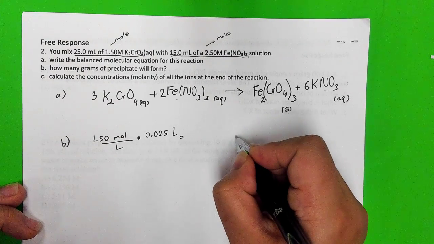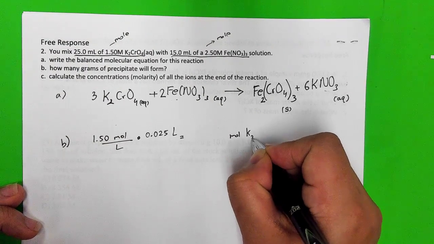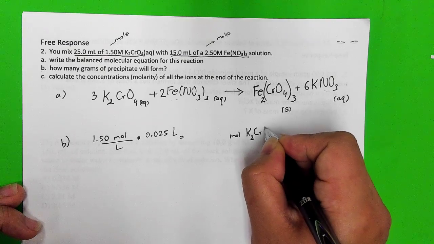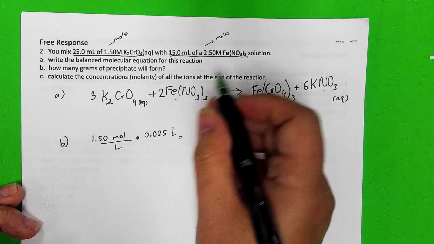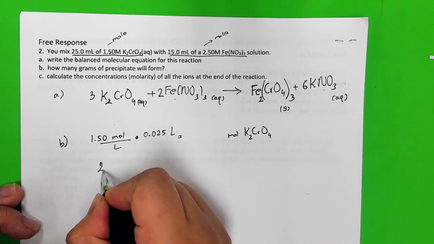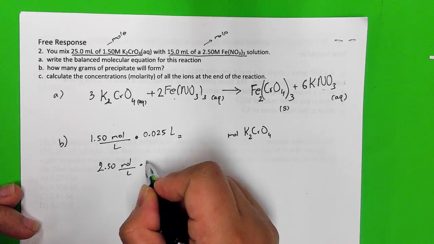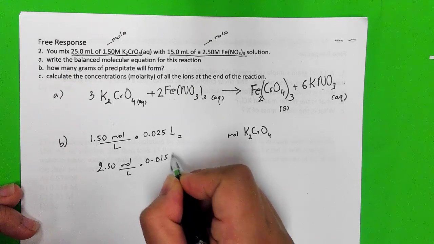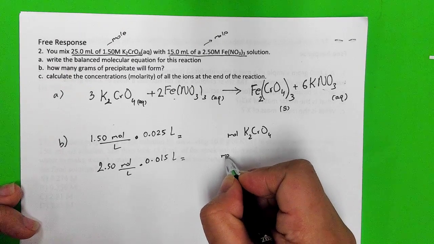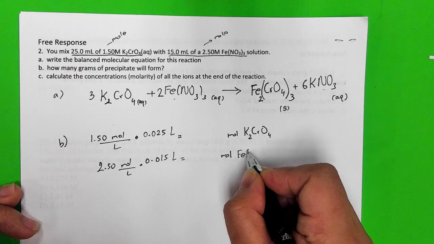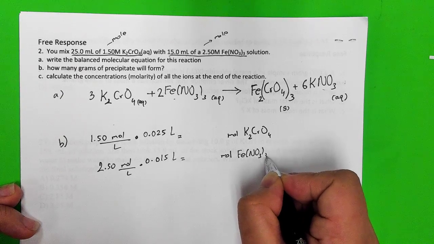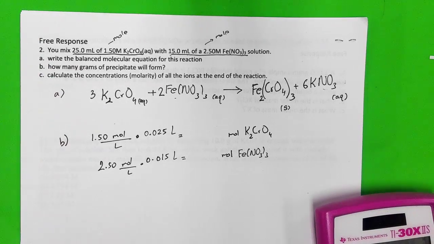That will give me moles of K2CrO4. I'm going to do the same thing: 2.50 moles per liter times 0.015 liter. Again, we are using liters. That gives moles of Fe(NO3)3.